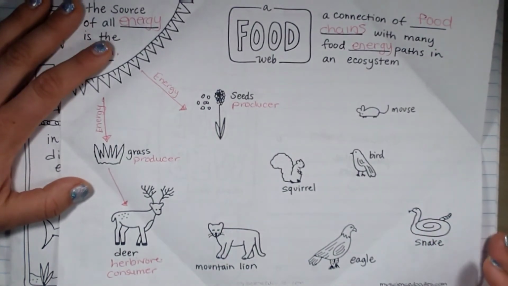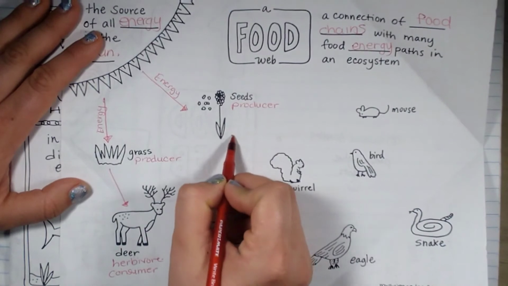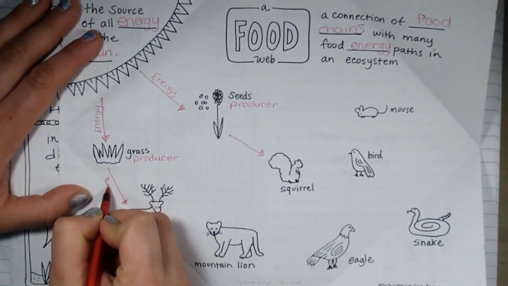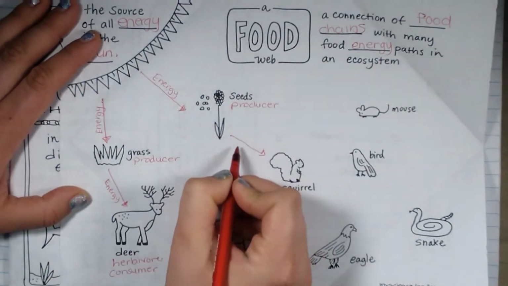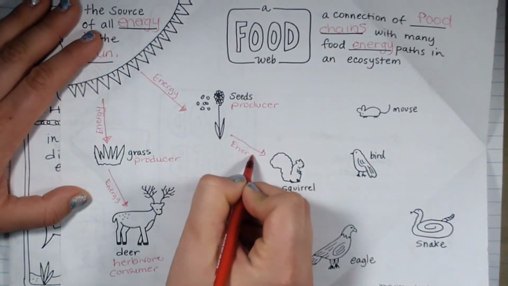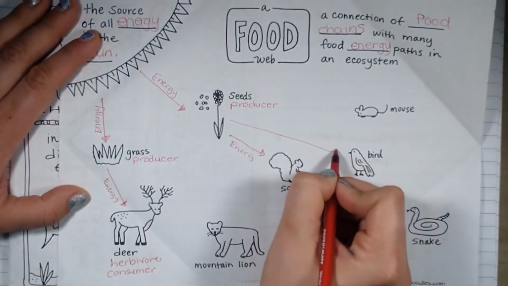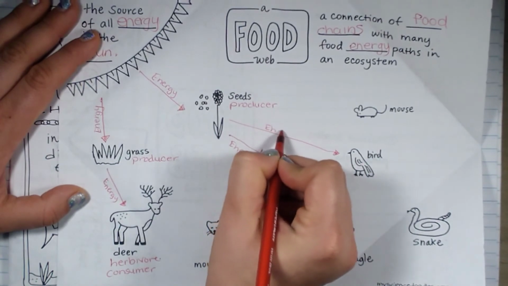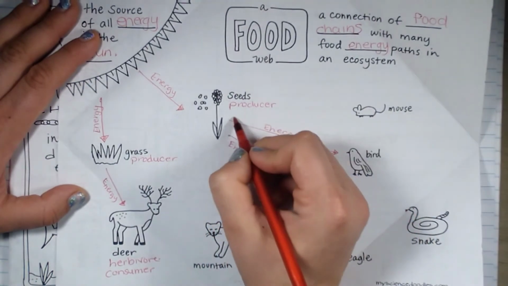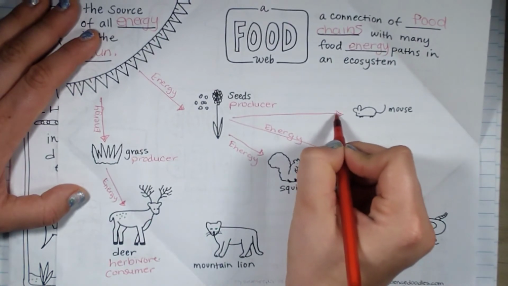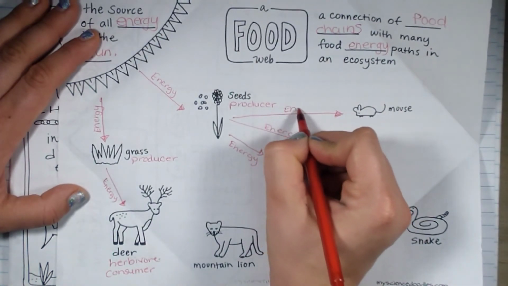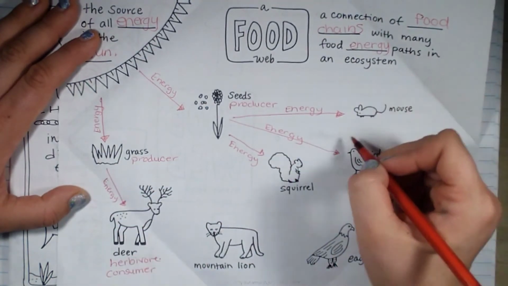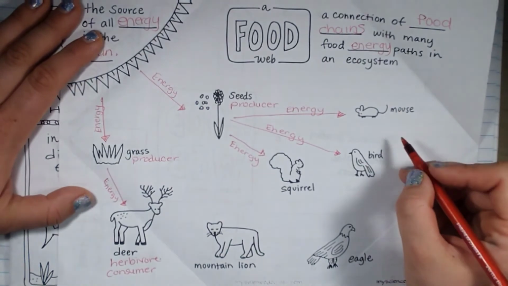Now the squirrel also eats seeds from a plant. Oh, we're going to put energy on all our arrows. A bird also eats the seeds, and a mouse also eats the seeds. So all of these animals are getting energy from the plants.